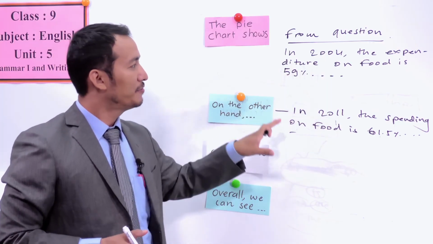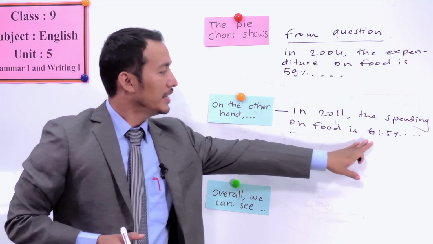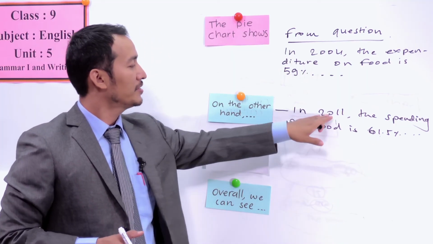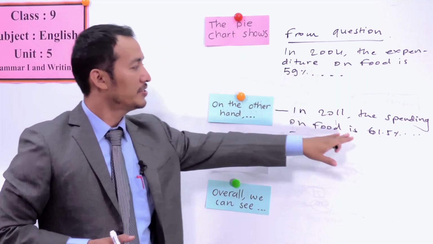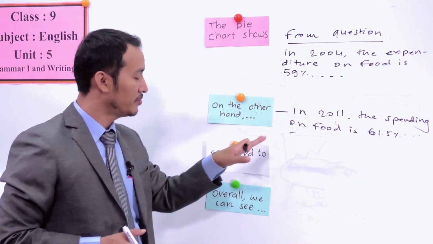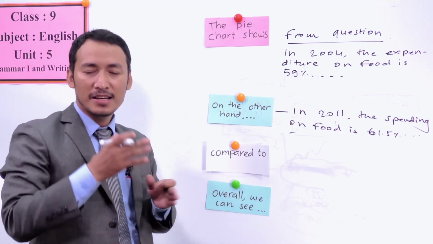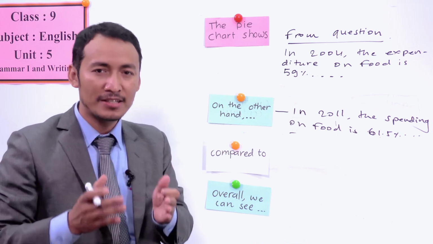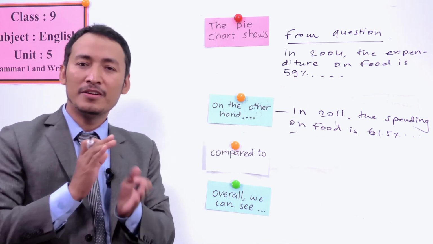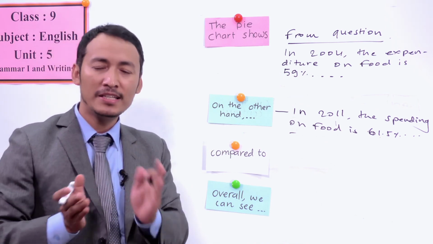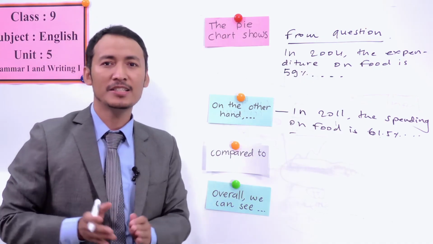The spending on food increased in 2011 from 59 to 61.5%. You can now compare which has decreased spending, and which has increased spending.